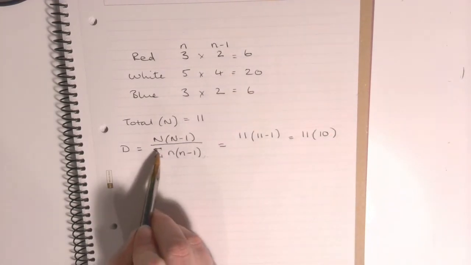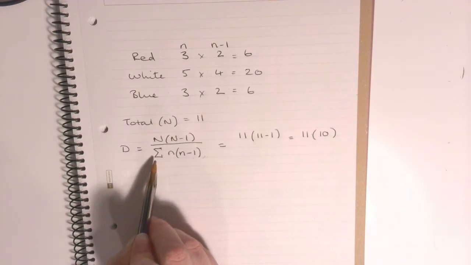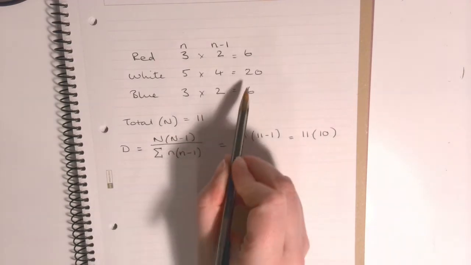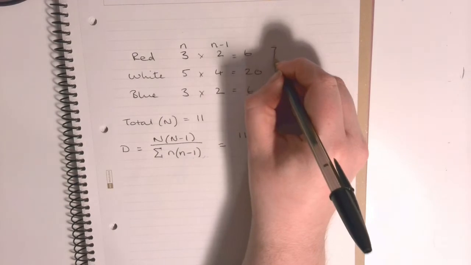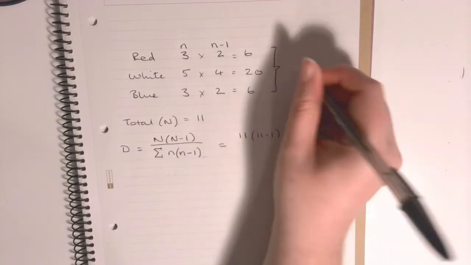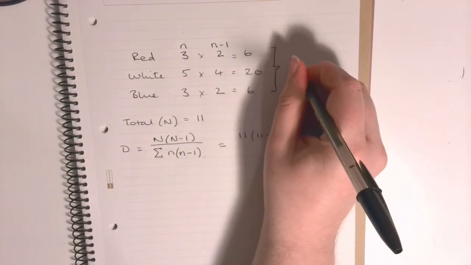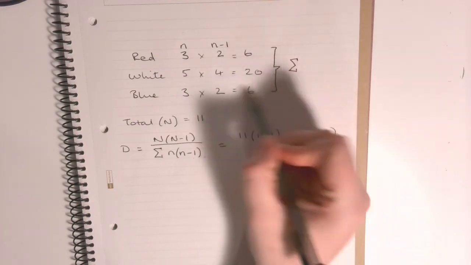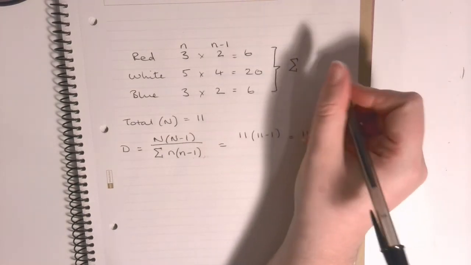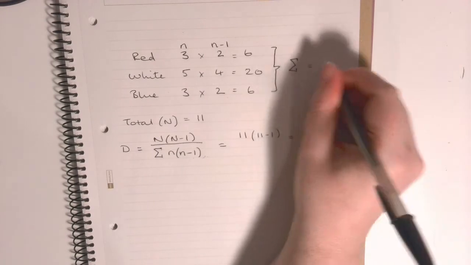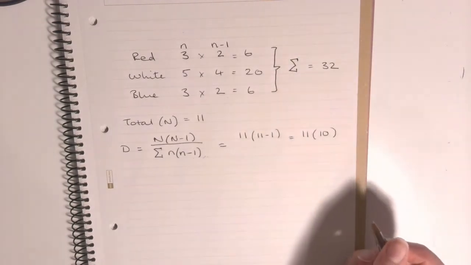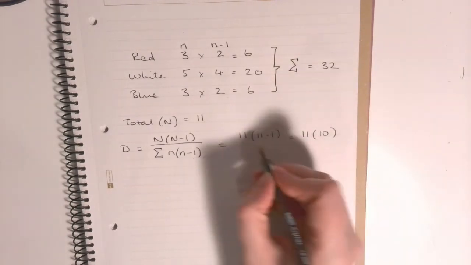And here's where we come back to the sum of. We now add all of those individual numbers that we multiplied together to give us 32. And that's now our bottom line.